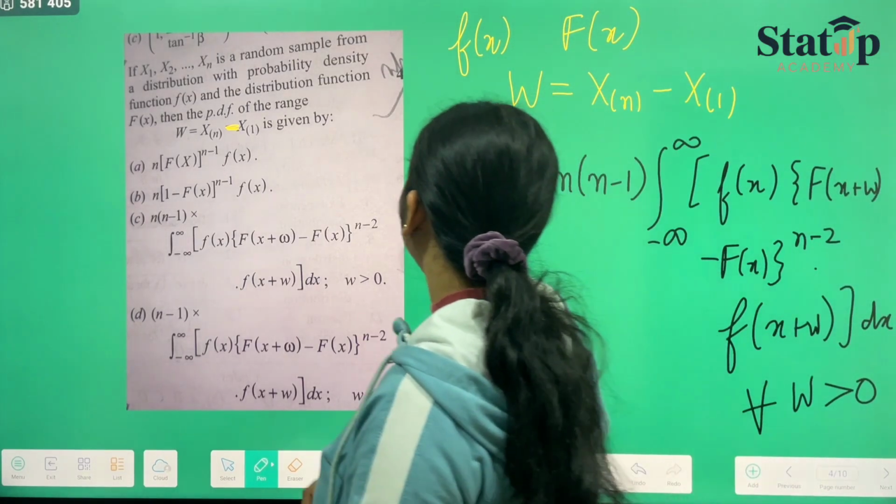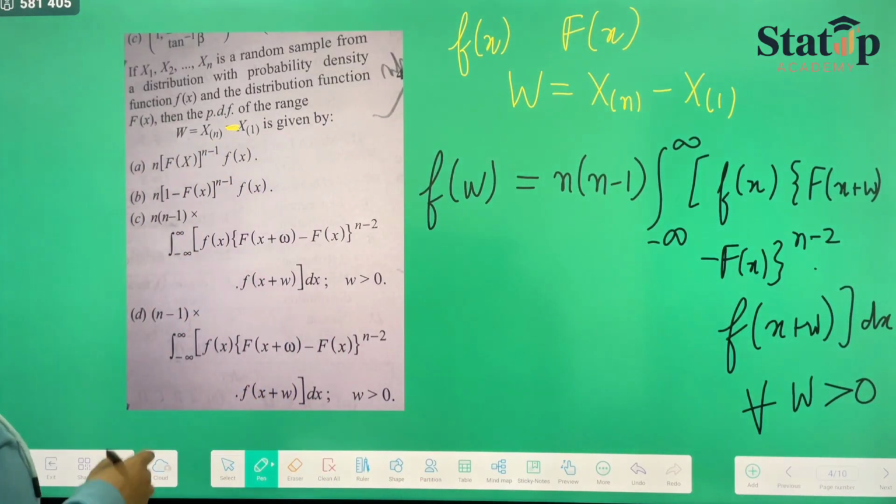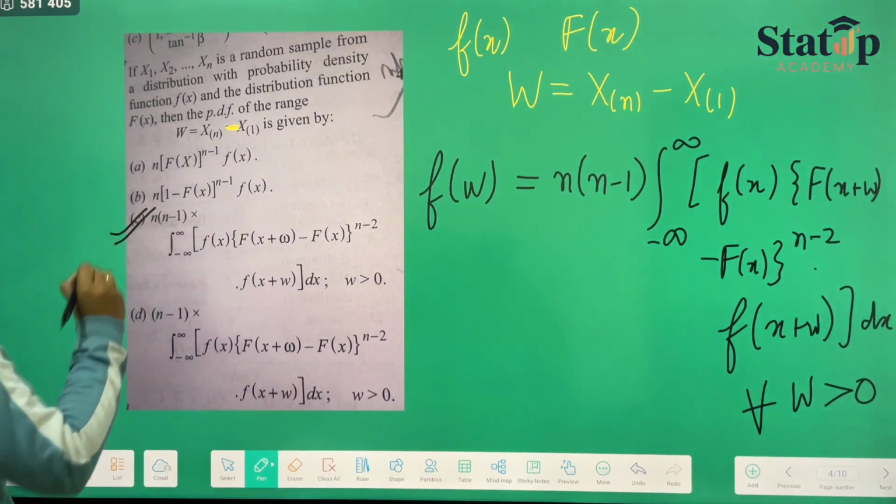This is our formula for the range of order statistics, which matches our option C in this question.